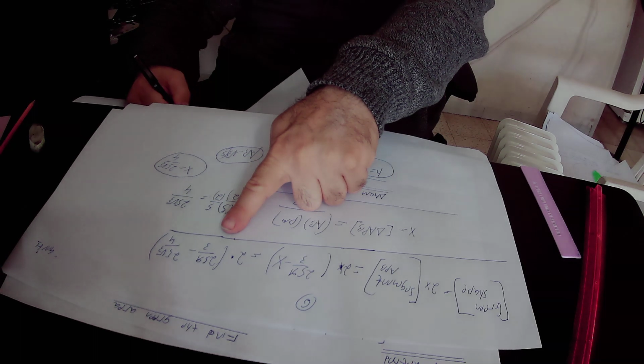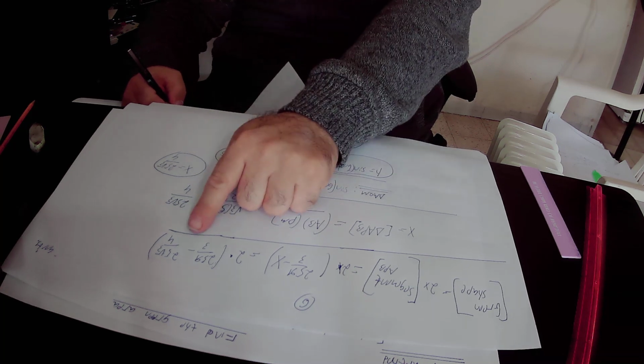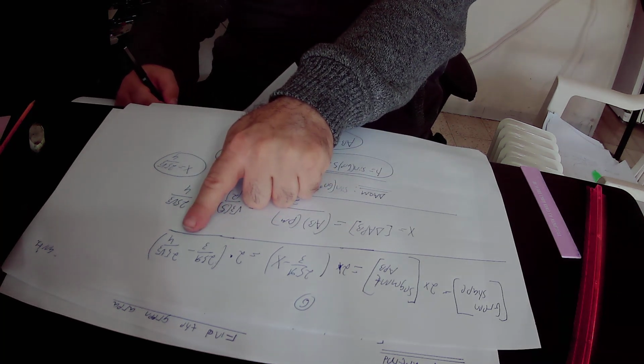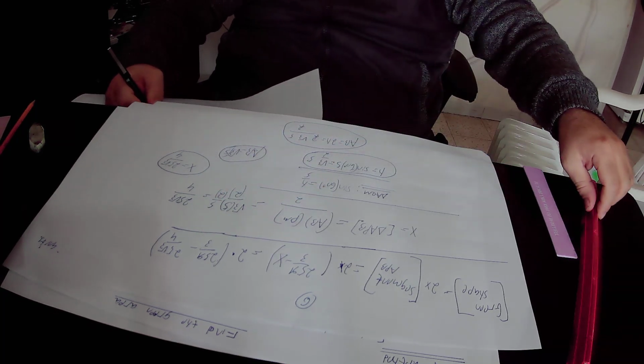So what is left inside the brackets? What is left is pi over 3 minus, from this expression after we took 25 as a common factor, what is left is square root of 3 over 4. Okay?